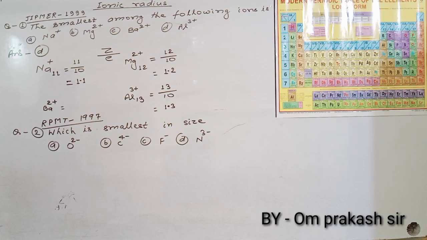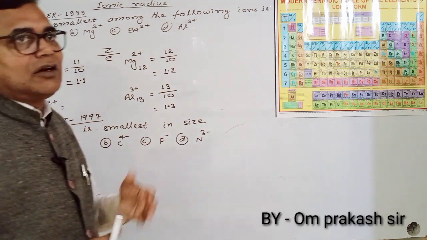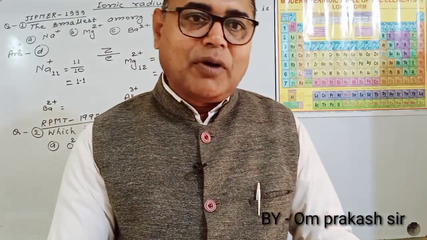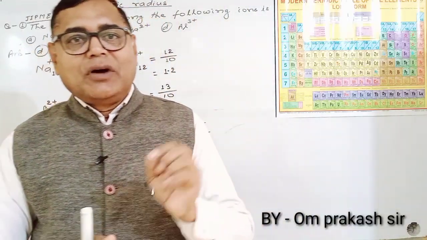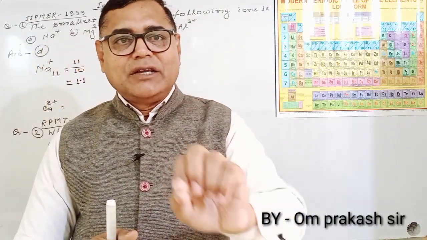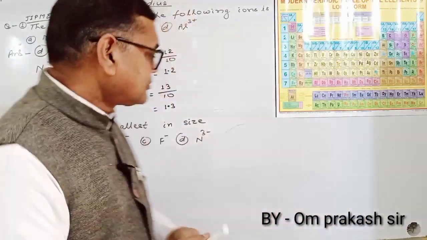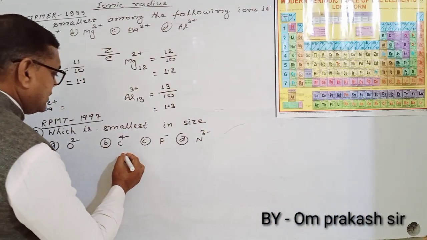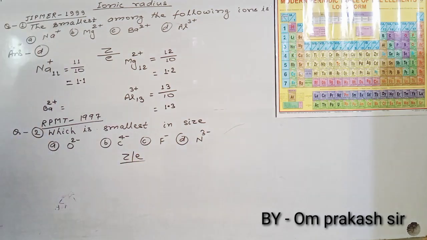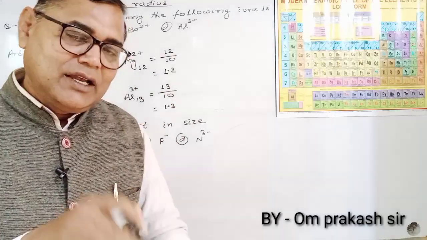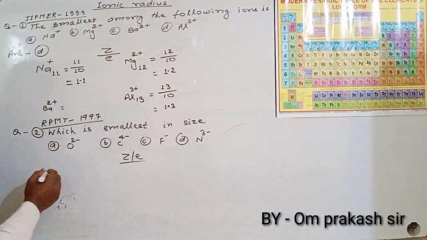First of all, we calculate the value of Z upon E, which indicates per electron effective nuclear charge. Here we write Z upon E. We calculate the value of Z upon E in first option.